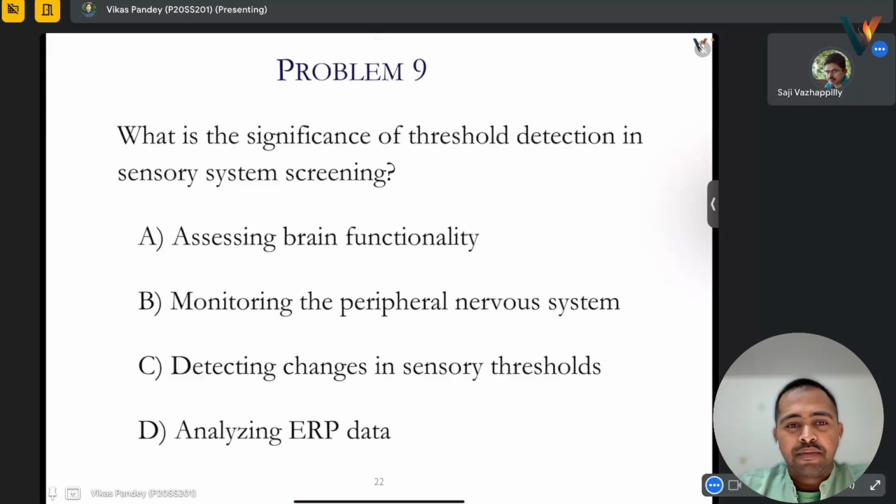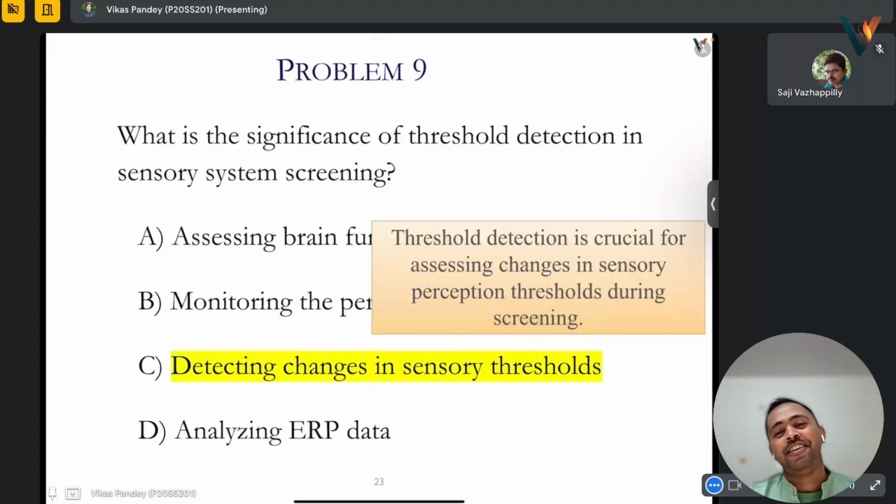A or D, sir? D. Okay, let's go to the answer. That is detecting threshold changes in sensory perception. Okay, so that is for the threshold.